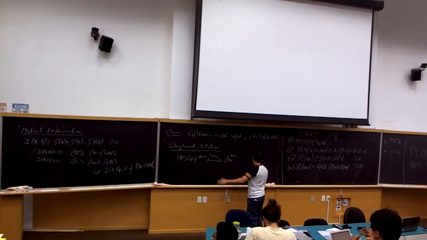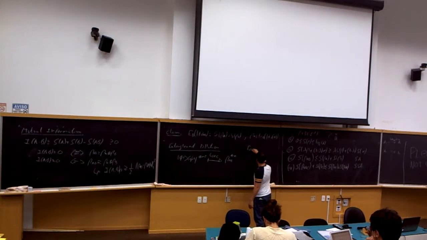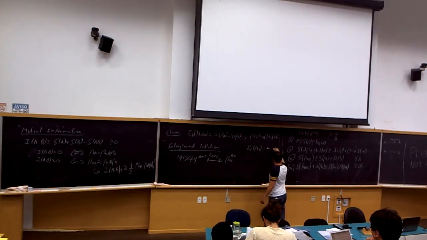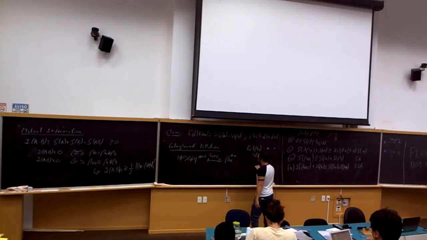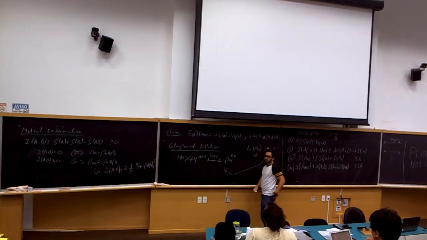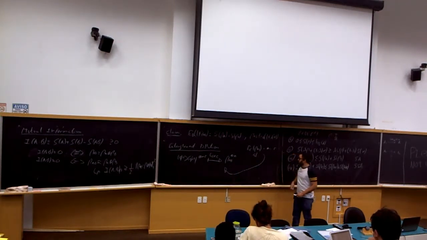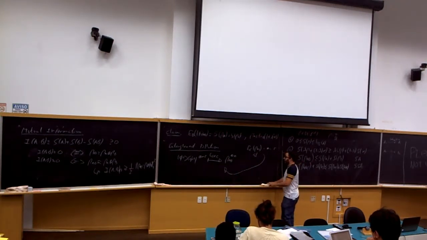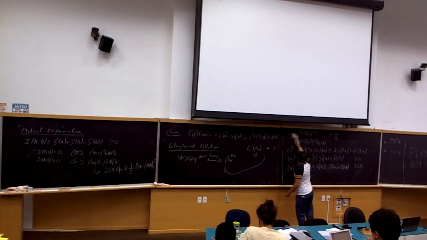And then if you do the same expression as I wrote before, I don't want to do it, but the entanglement cost of rho AB is just now the minimum over R such that we can do this transformation by LOCC. It's the same thing from before. And then actually we can upgrade this result to the following.